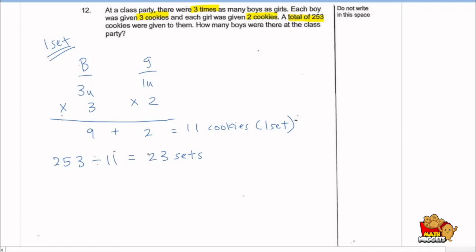So we go back to one set. One set, there are 3 boys. So if I have 23 sets, the total number of boys would be 23 times 3, which is 69. There are 69 boys in the class party.